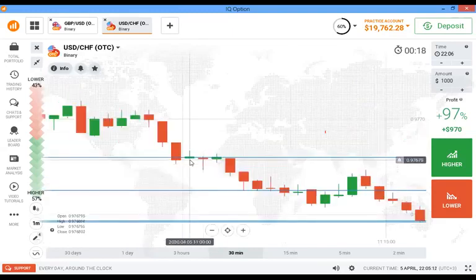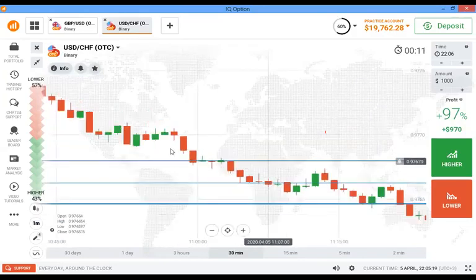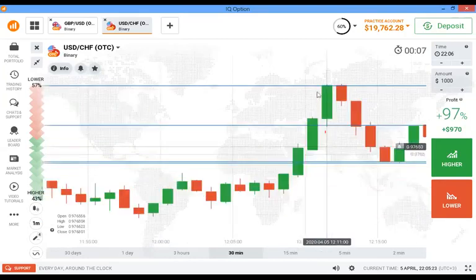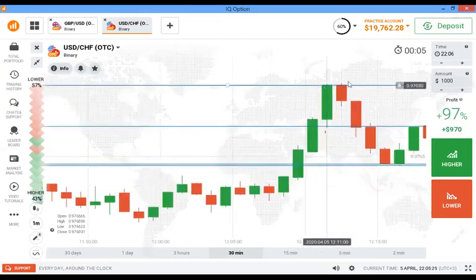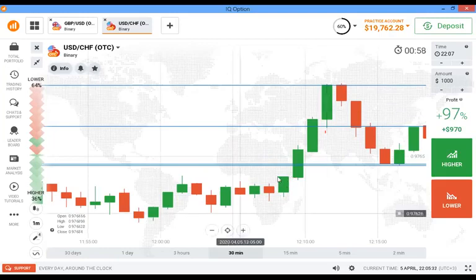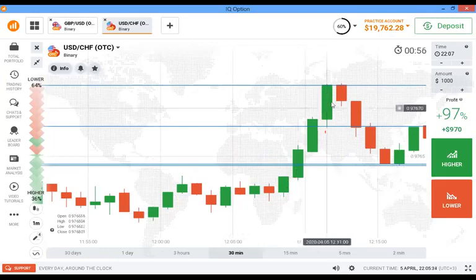This is the key level: a support level that became a resistance level. So now this candle closed at the level, and sellers entered. So this is a short-term candle at the key level. When you start analyzing, don't focus on the current candle.